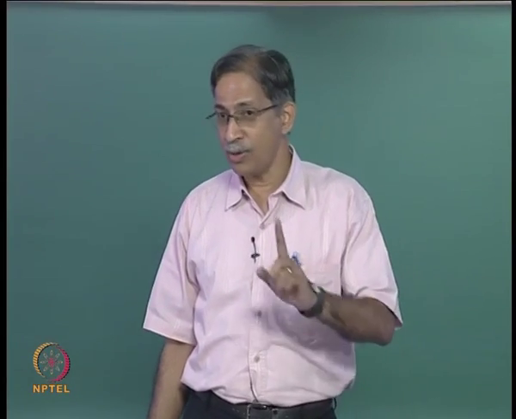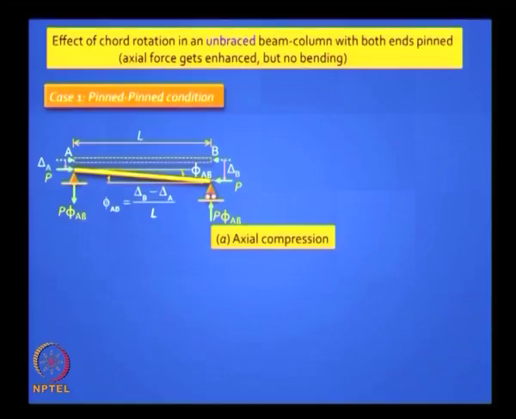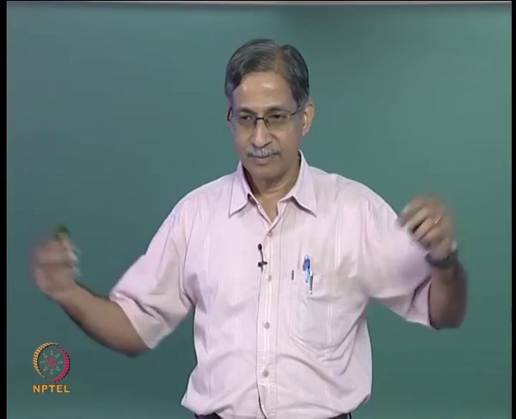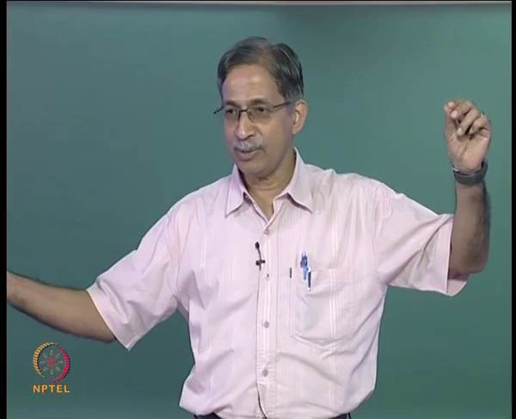If you have chord rotation, and we will finish with this, if you have a simply supported case, do you think the chord rotation will cause any curvature? Pin support settlement, do you think you will have any curvature? You don't get any curvature, but will it affect, will you have any forces? Yes, you will.